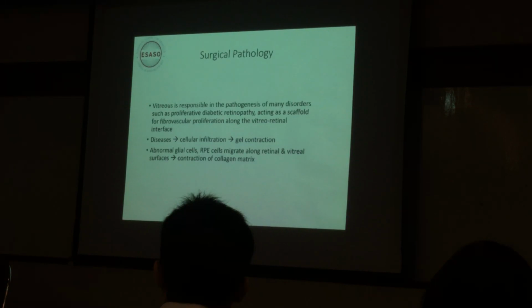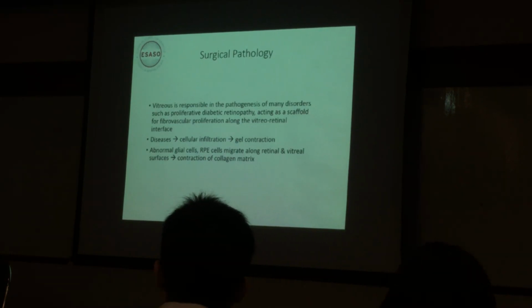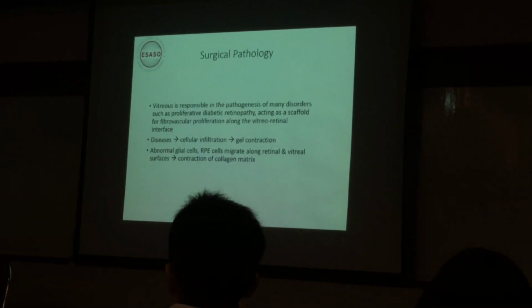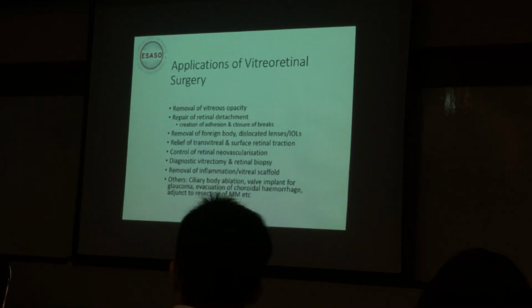Of course, you know, proliferative diabetic retinopathy, and proliferative vitreoretinopathy following rhegmatogenous retinal detachment, because of proliferation and contraction, then secondary retinal detachment. Most of it is modulated by abnormal glial cells, and of course RPE is one of the most important factors, causing secondary fibrosis and contraction of the type 2 collagen.